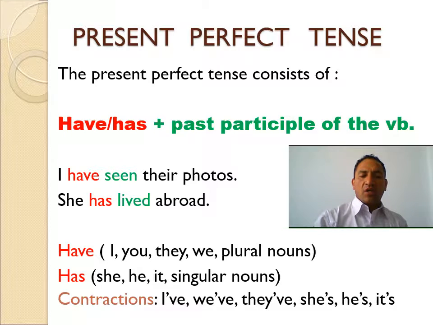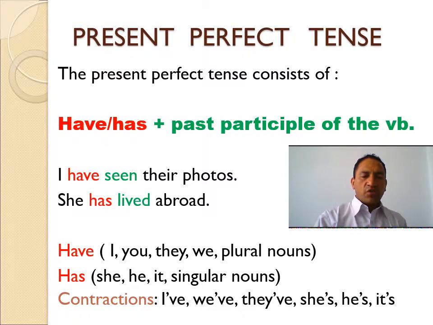We have in these examples, for example, I have seen their photos. She has lived abroad. As I repeat again, we are going to use have with these personal pronouns, I, you, they, we, in other words, the plural nouns.